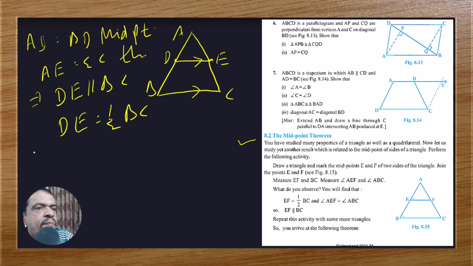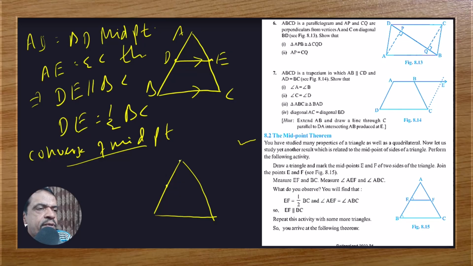Now the converse of the midpoint theorem. In the first part, it was not given parallel, just given these two are midpoints and we join, then this is parallel to the third side and is half of it. But in the converse of the midpoint theorem, this is a midpoint of one side and this line is drawn parallel to the other side, and we join, then this will also be a midpoint, means this line will bisect this side of the triangle.